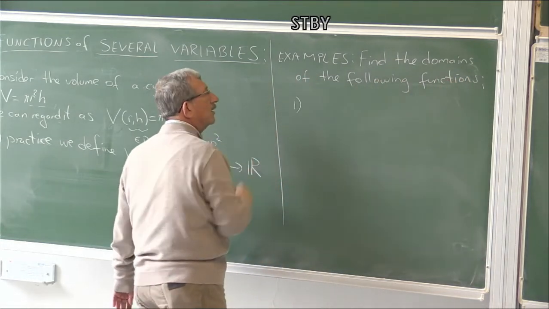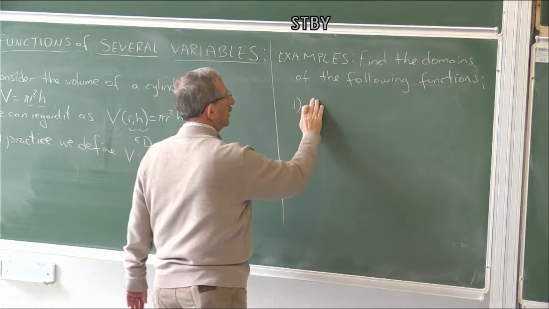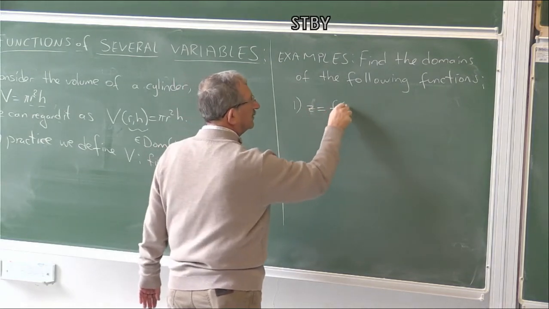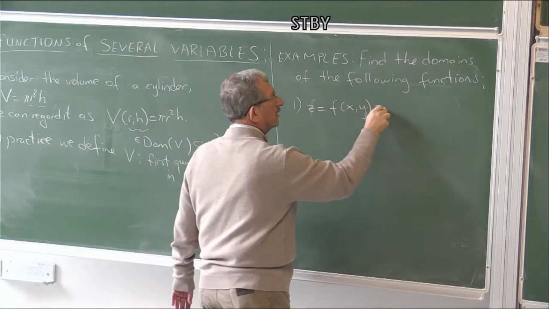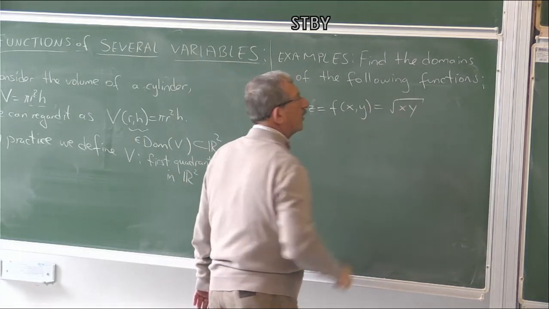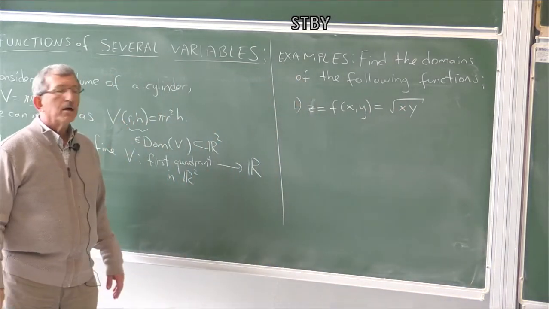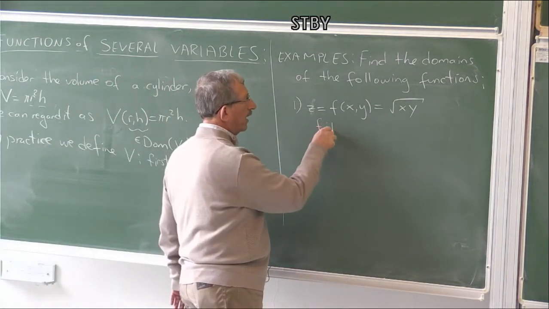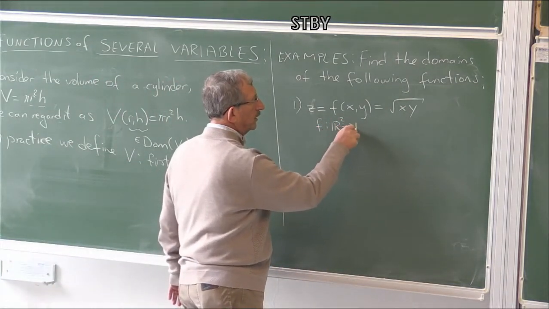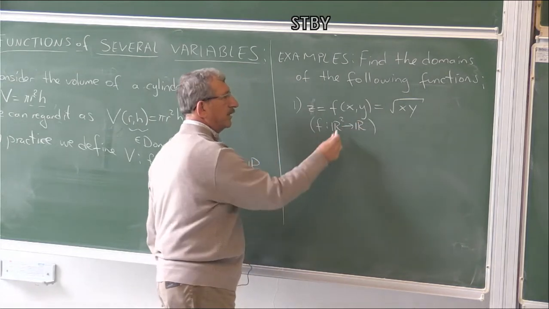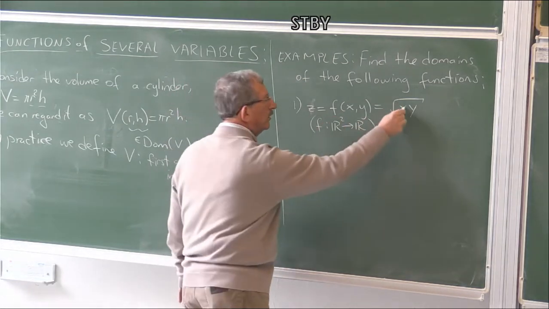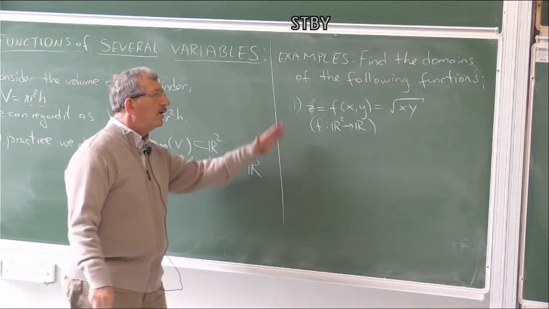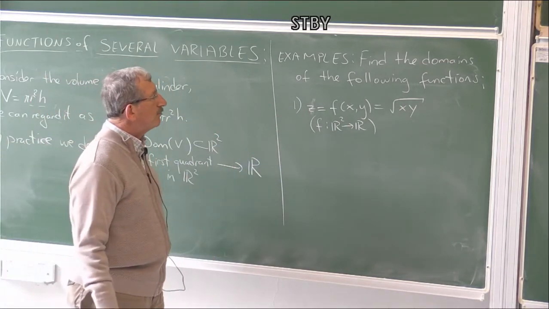The first one will be, of course, we usually write z, but that's not necessary. Say it is defined as square root of xy. Now, this indeed is a function from R2 into R. It takes a point from R2, multiplies them, and takes the square root, which is a real number, and it gives us that real number.